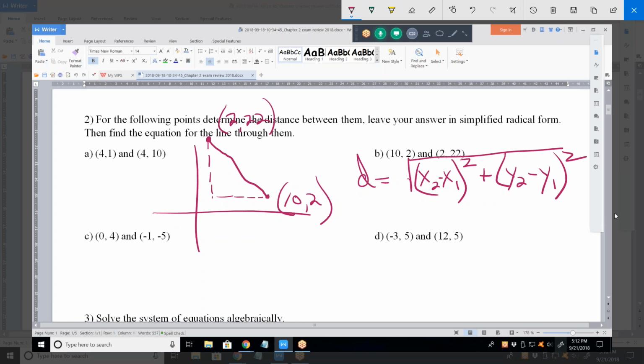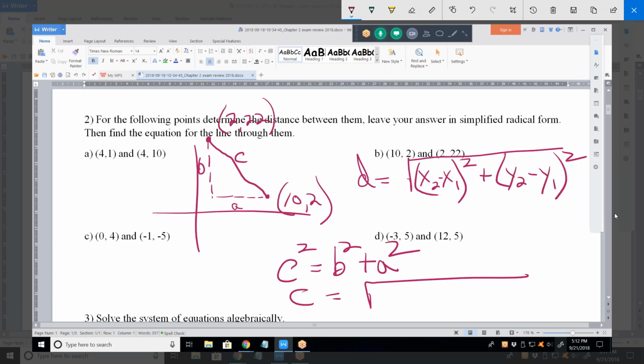In other words, that's the Pythagorean theorem, right? If I let that be A, B, and C, we know that C squared equals B squared plus A squared, right? Which means C equals the square root of B squared plus A squared.